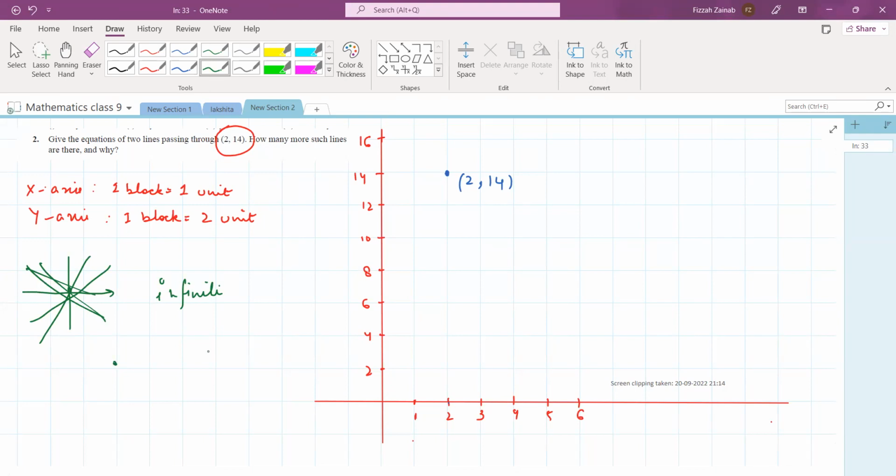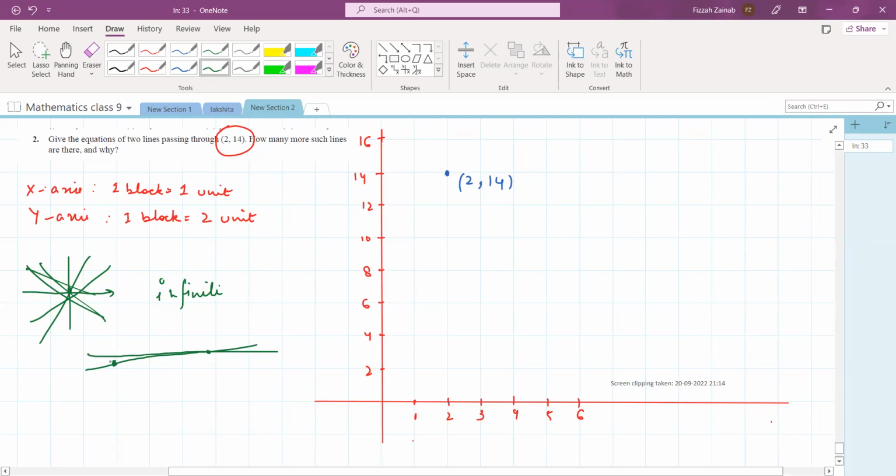Now if I have 2 points, how many lines can pass through them? Only one, right? Because this is the only line which is joining these 2 points. If I slightly change it like this, as you can see, this is not passing through both the points. So if you want a line which should pass through 2 points, it will be only one line.